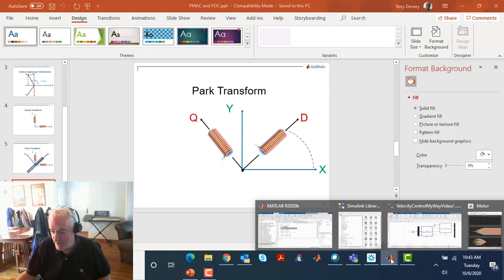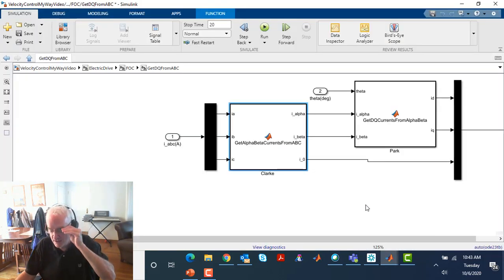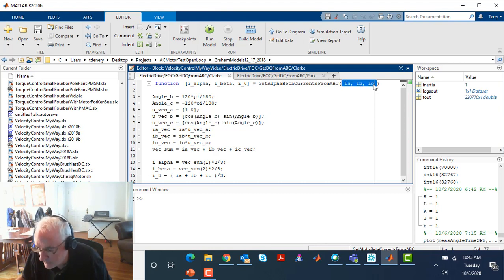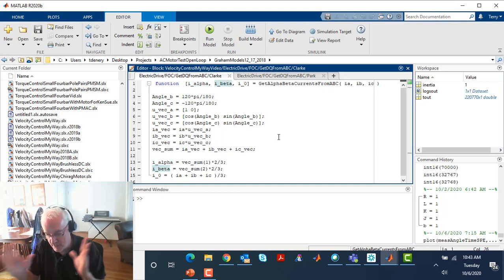I would like to go back to the model now and show what's happening in the Clark transform. Essentially we're taking the currents in the A, the B, and the C circuits, and we're returning alpha and beta currents. Now it turns out these are the XY currents for that stationary XY coordinate system.